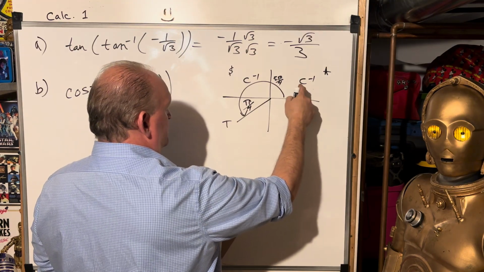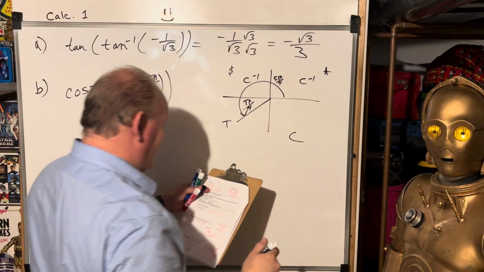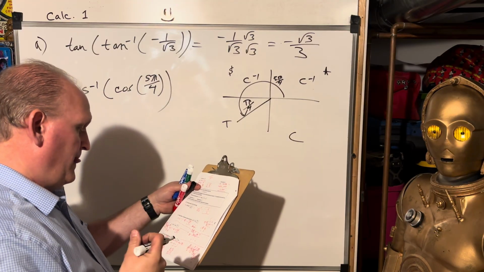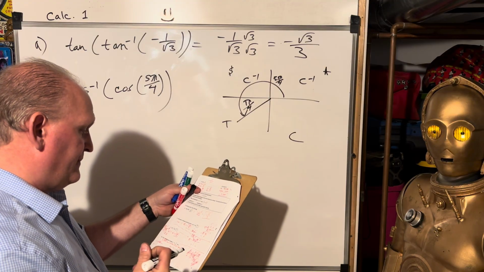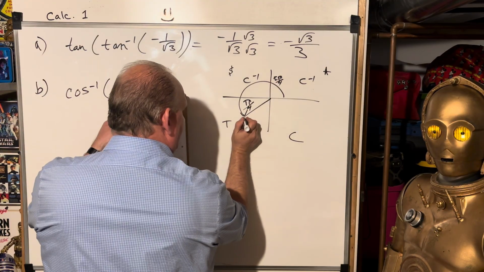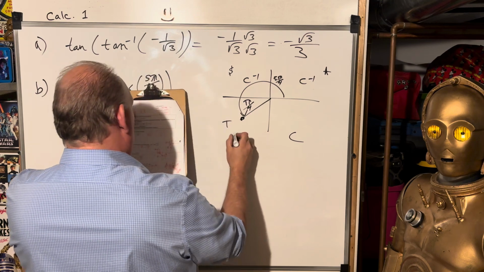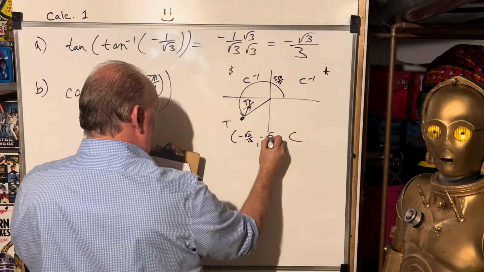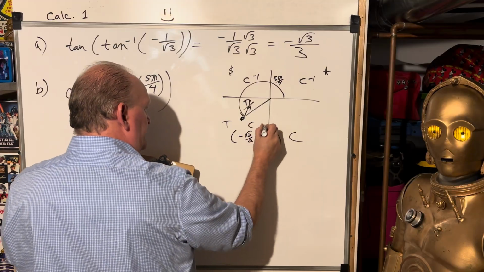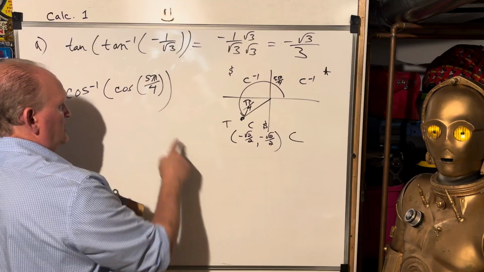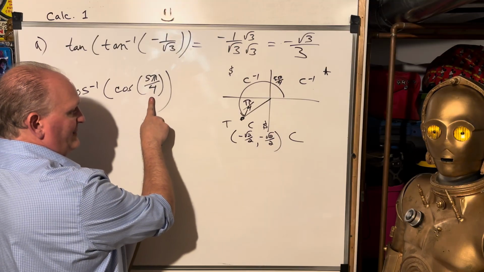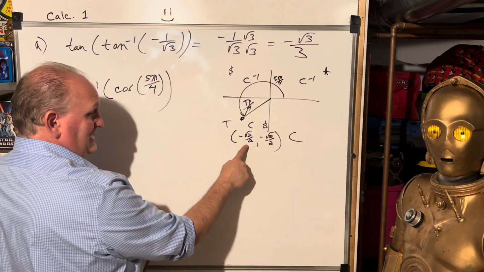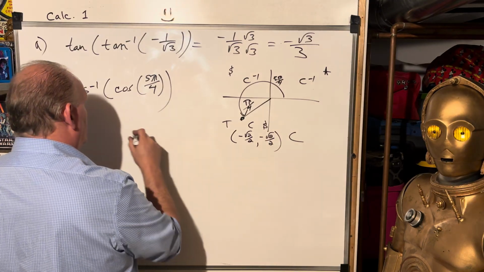And so, since we're restricted into the first or second quadrants, when I take this, I'm looking at negative square root of 2 over 2, comma, negative square root of 2 over 2. And remember Coase law. So the cosine of 5 pi over 4 is negative square root of 2 over 2.